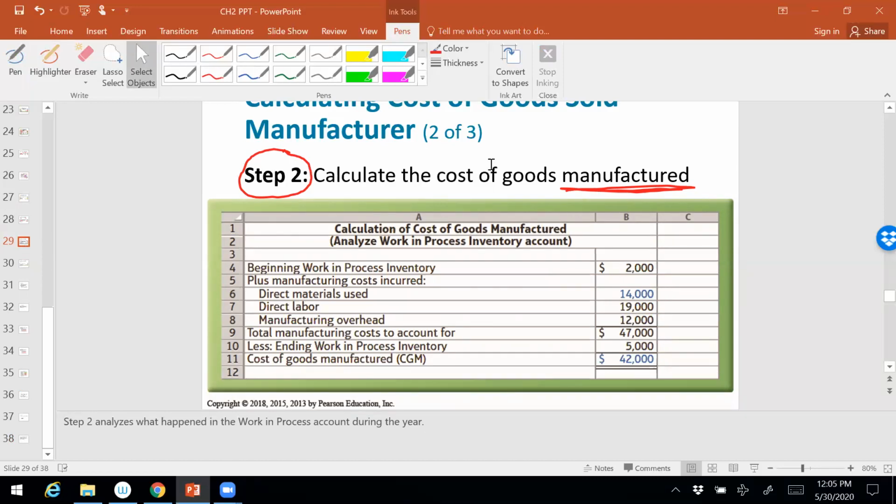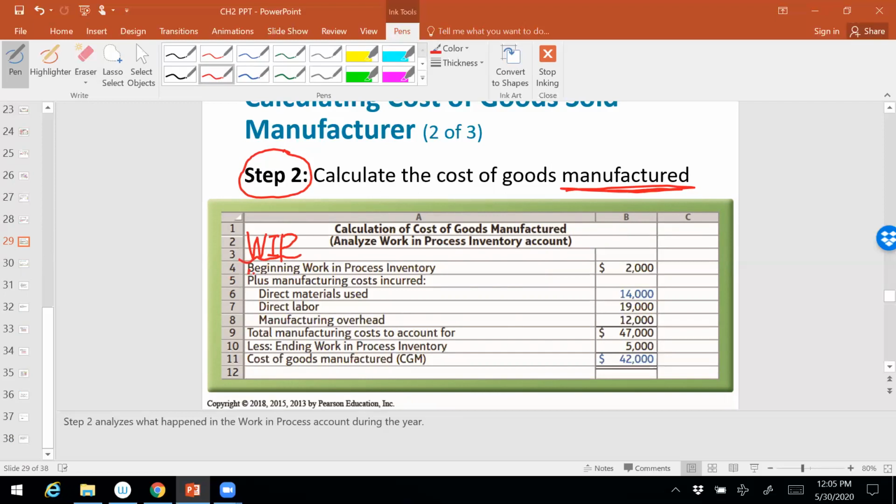To get our cost of goods manufactured, it's also a similar idea. You have a beginning, you plus that, you minus the ending, and get cost of goods manufactured. But here we focus on work in process.